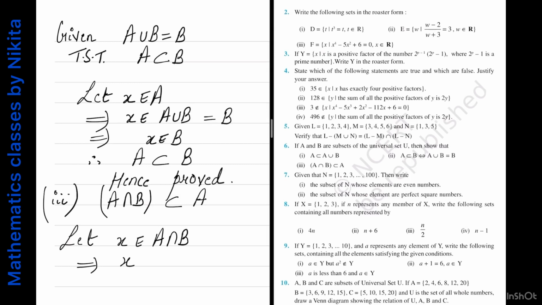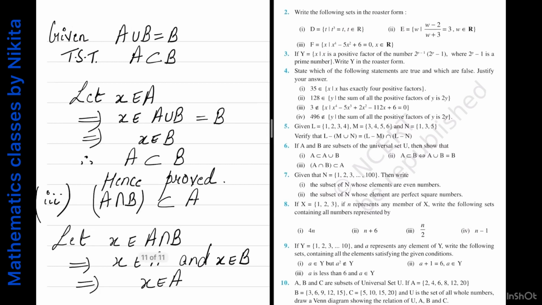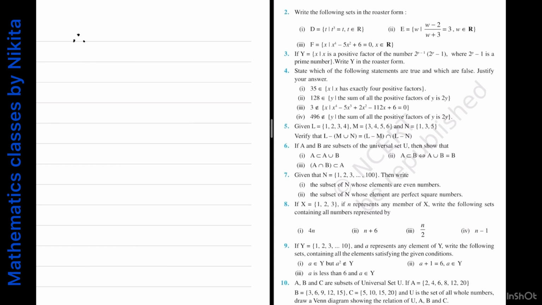Apply the definition of A intersection B: x belongs to A and x belongs to B. So x is in A and also in B, it is in both. So this implies x belongs to A. Hence we have that A intersection B is contained in A. And similarly you can prove that A intersection B is contained in B.